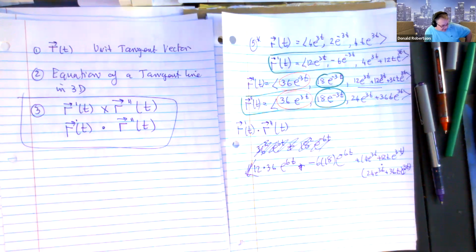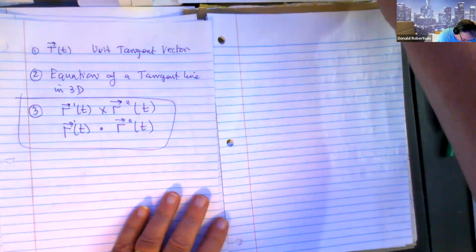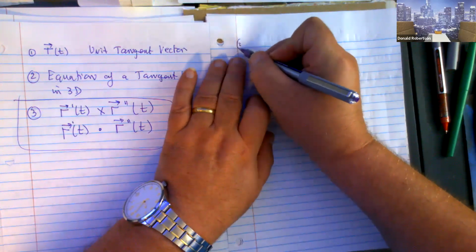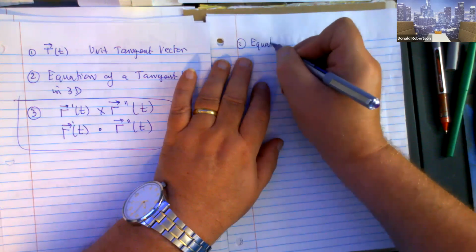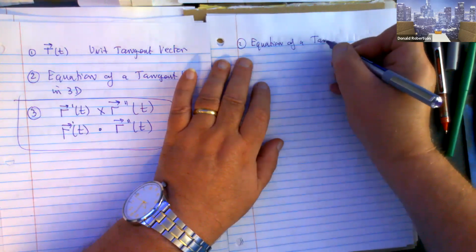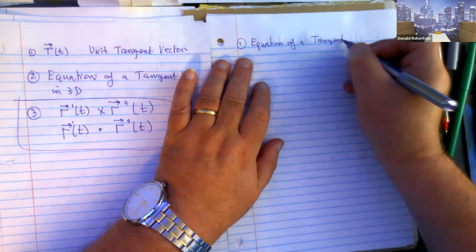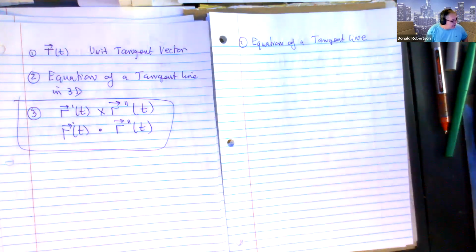Any questions about that guy? Apart from the fact it's ugly. Okay. Let's do the equation of a tangent line. Okay.